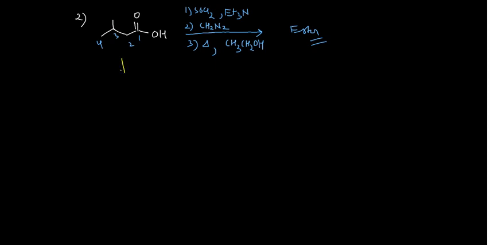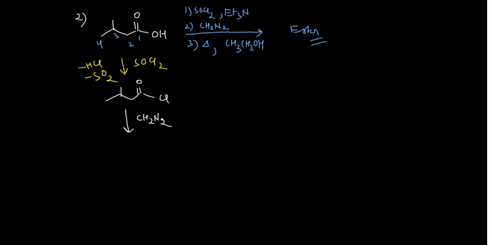Beginners may have confusion, so I am doing all the reactions. SOCl2 will give you minus HCl, minus SO2, and then you will have 1, 2, 3, double bond oxygen, and that would be Cl. This will react with your diazomethane, CH2N2. This triethylamine is not taking part, so you can say it is used as a catalyst or as a solvent in that case.